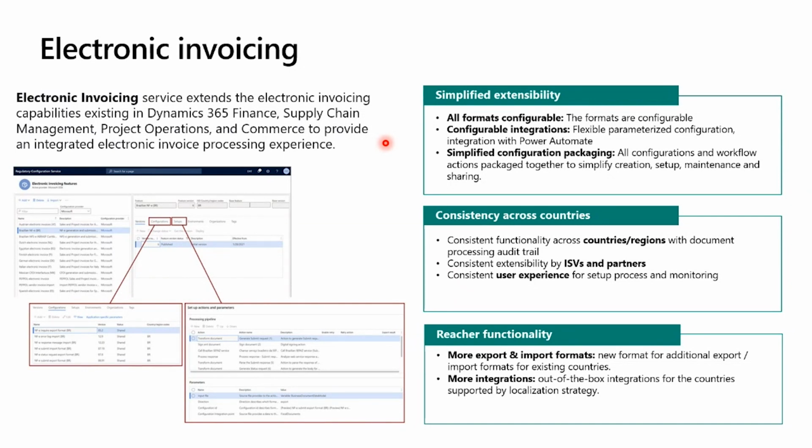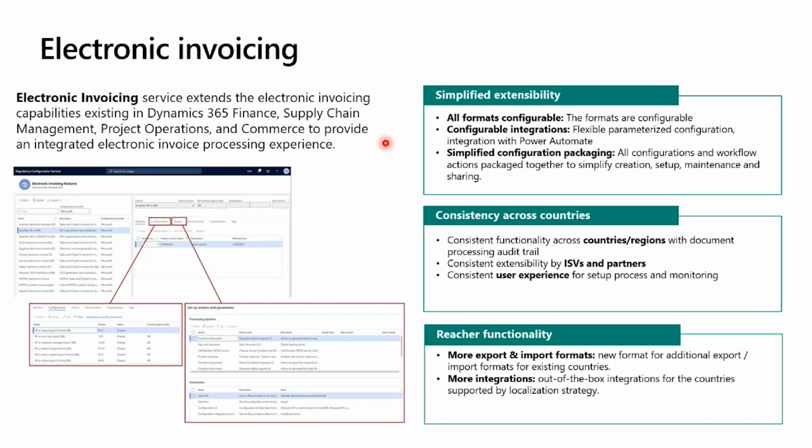So as I mentioned multiple times previously, the submission part of the process is handled by the electronic invoicing service, which is a Microsoft offering that extends the electronic invoicing capabilities of the Dynamics 365 family of products and provides a unified integrated electronic invoicing experience in those products.